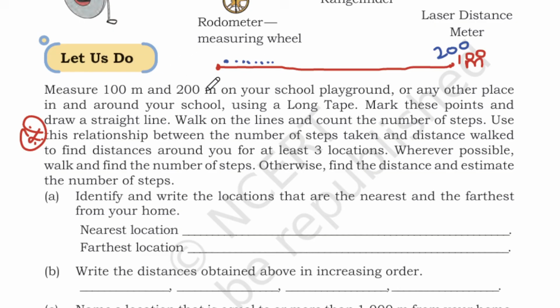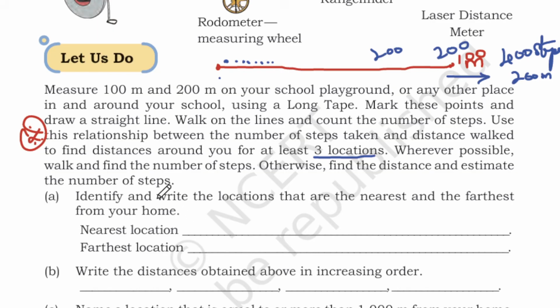Then when you are doing 200 meters, which is more than this, it will be double. So here you have taken 200 steps to complete 100 meters, then you need 400 steps to complete 200 meters. Likewise you can take any three locations and find out how many footsteps are taken.